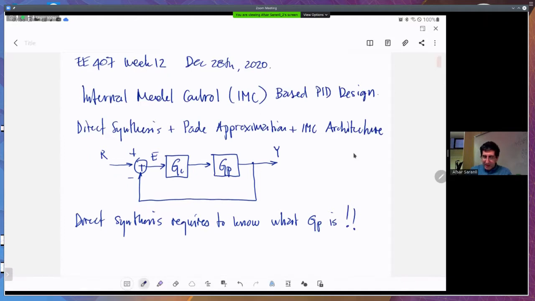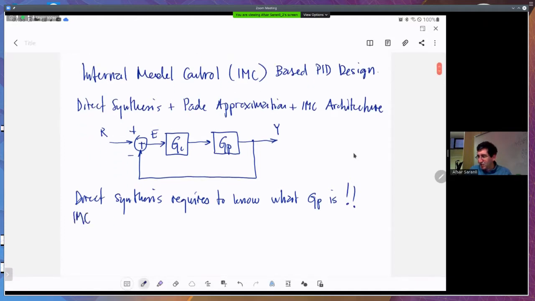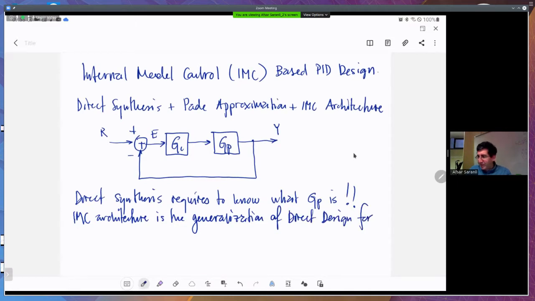Now the IMC architecture, which I'm going to sketch in a minute, is the generalization of direct design for the case where an approximate plant model is available, rather than the ideal plant itself or the model of the plant itself.